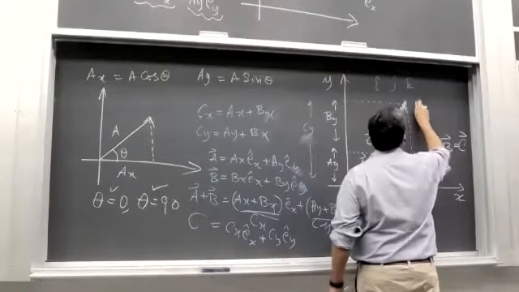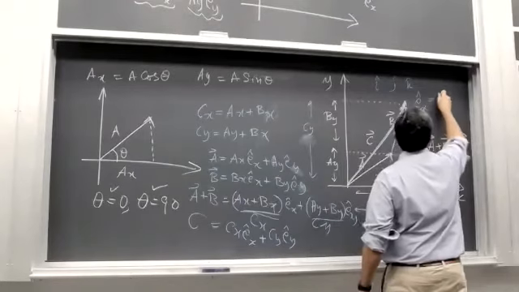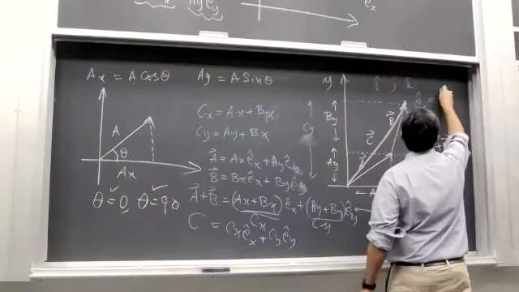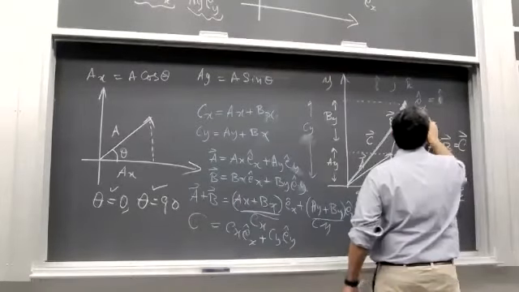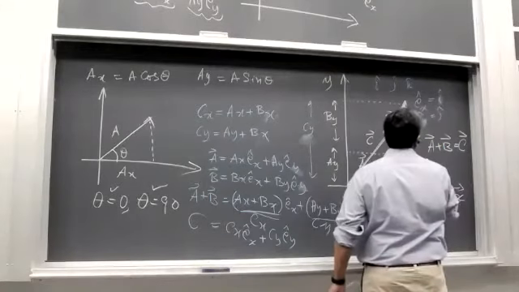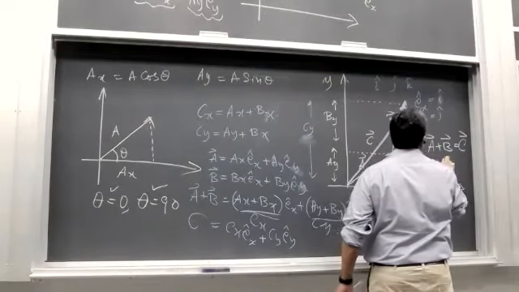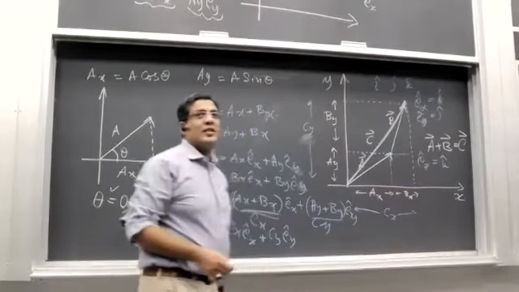In that case, Ex hat is equal to I hat. They are one and the same thing. Ey hat is J hat, and Ez hat is equal to K hat. That's also fine. No worries.